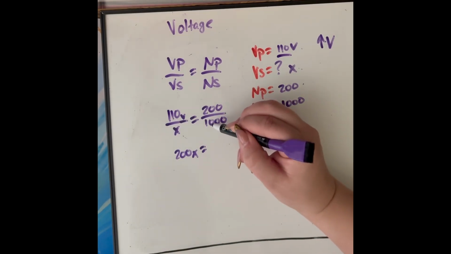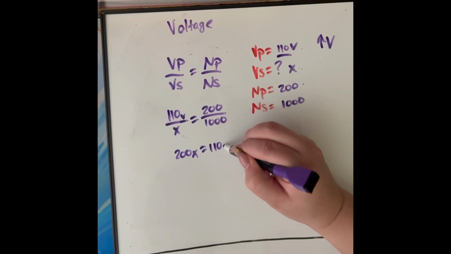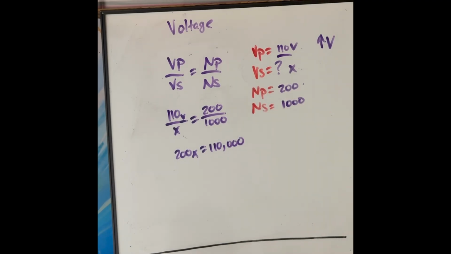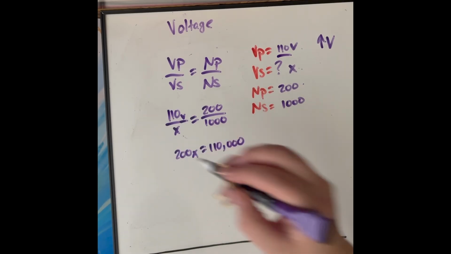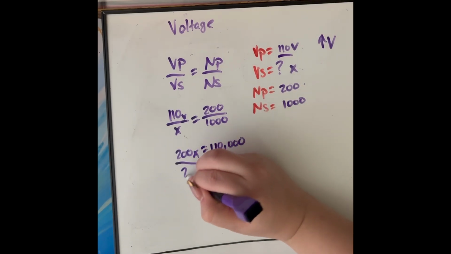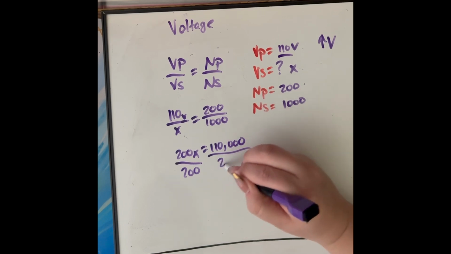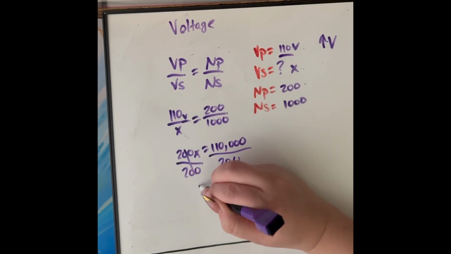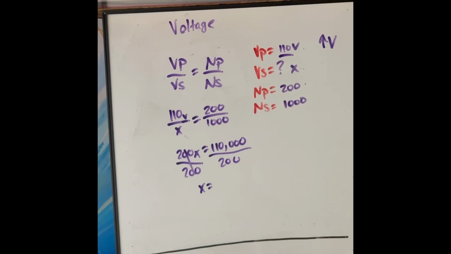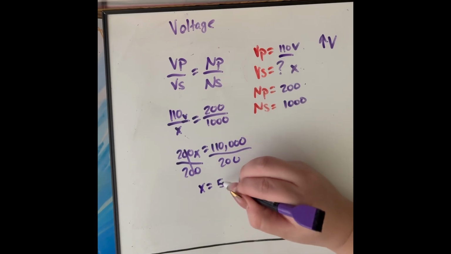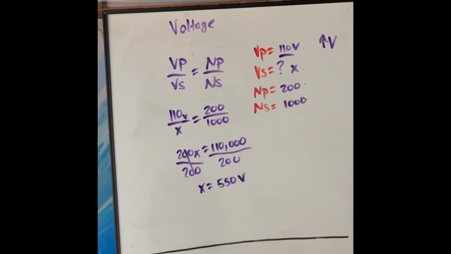Oh, duh, I could have just done that. This is why you'll always catch me with a calculator. Okay, and then we just divide both sides by 200 to get x by itself. 110,000 divided by 200 equals 550 volts.